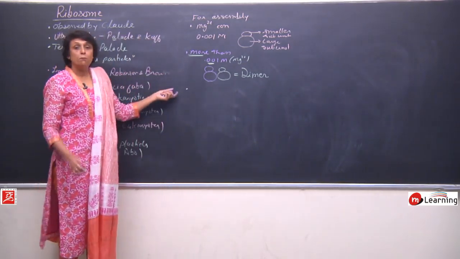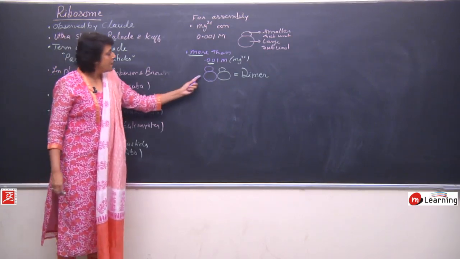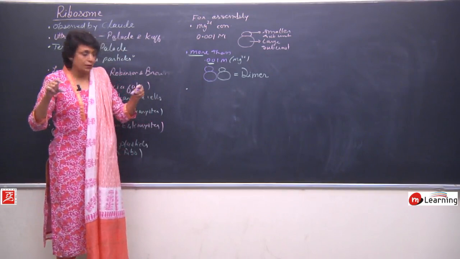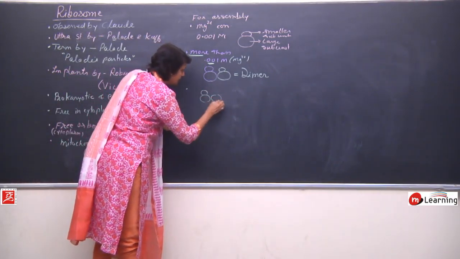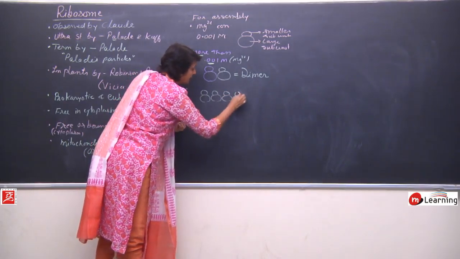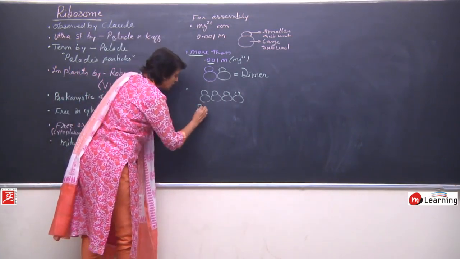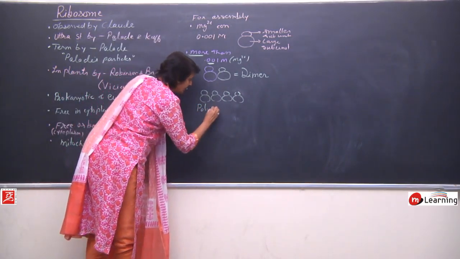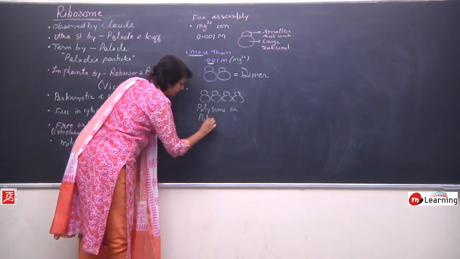Sometimes when multiple polypeptide chains are to be formed, then many ribosomes join together to form a chain. Those chains would look like this. Such a structure or a chain of ribosomes is known as polysome or polyribosome.